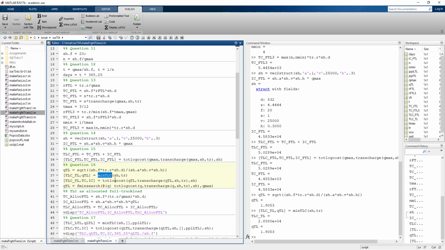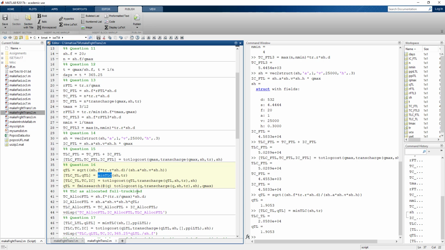So in that case, we can go one level below and look inside and use a function that directly calculates the total logistics cost. And in this case, the transportation charge is also calculated using a MATLAB function for trans charge. So we're using these two functions together to get the total logistics cost.